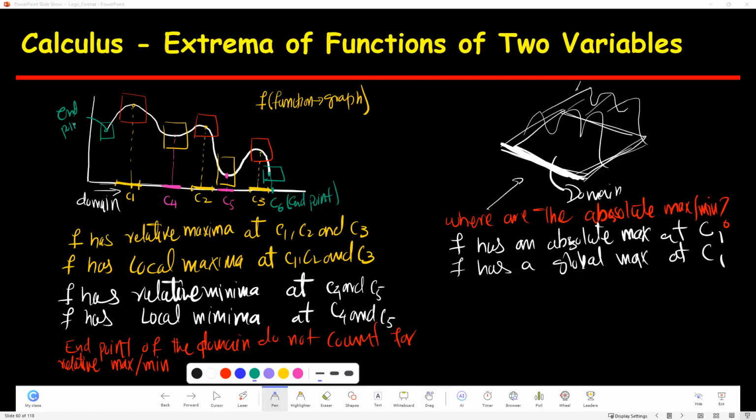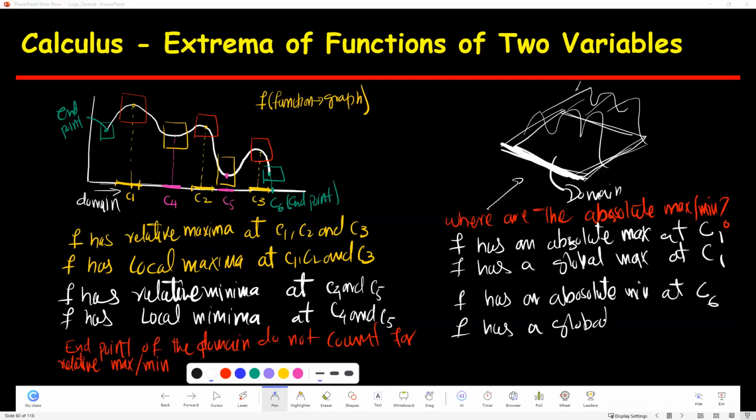We are not using them because they're not the max or min in either way. So F has an absolute min at C6, and F has a global min at C6. But just so you know, we just made an assumption.